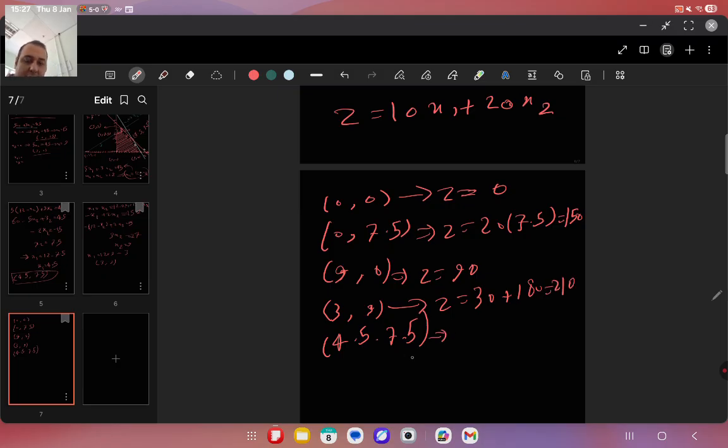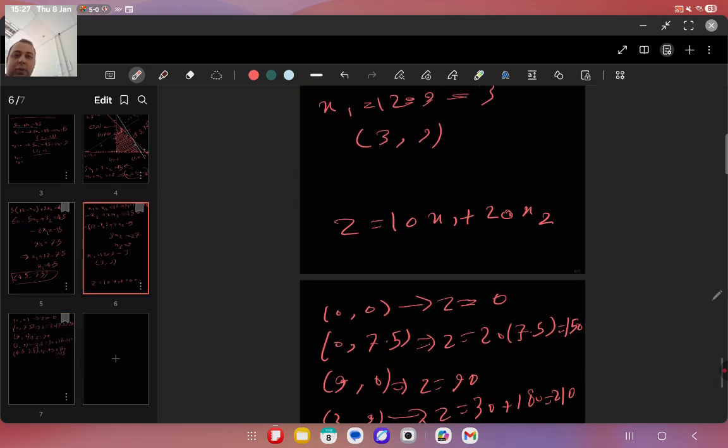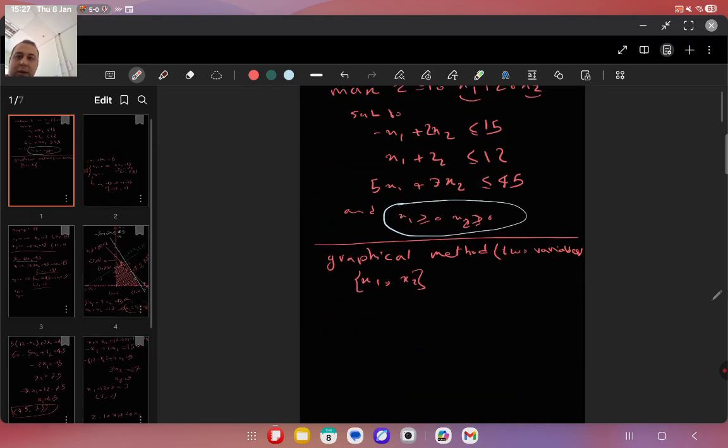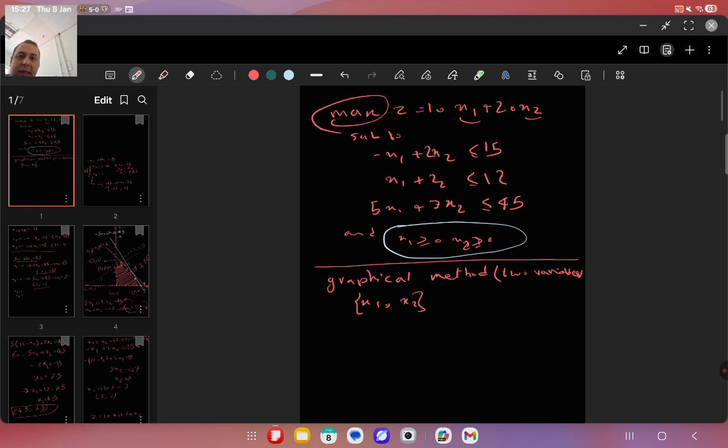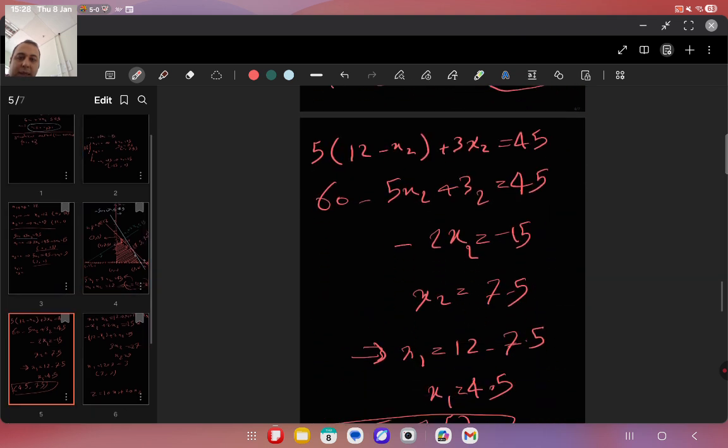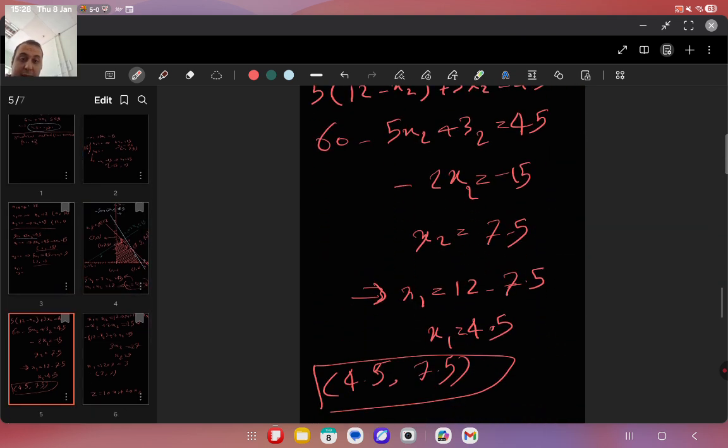And for the last one, z equal to 4.5 times 10 becomes 45 plus 20 times 7.5 is 150, so 195. Okay, go back to our question. Here the question was maximization, right?